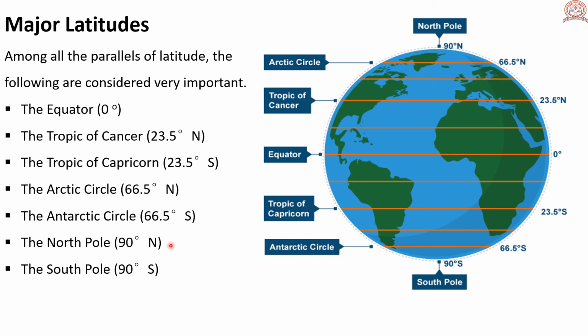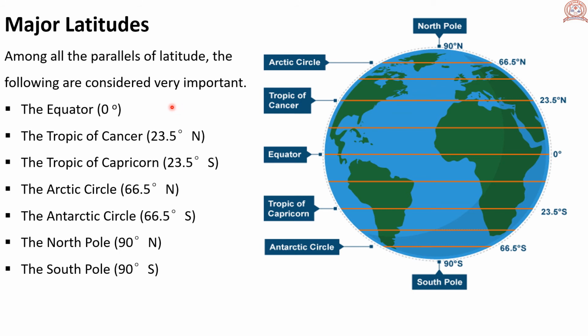The North Pole, 90 degree N. 90 degree north latitude is known as the North Pole. The South Pole, 90 degree S. 90 degree south latitude is known as the South Pole. Once again, there are 181 parallels of latitude in all.